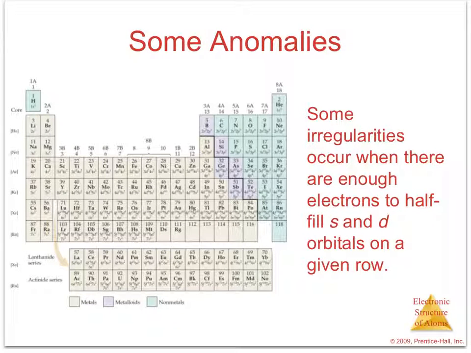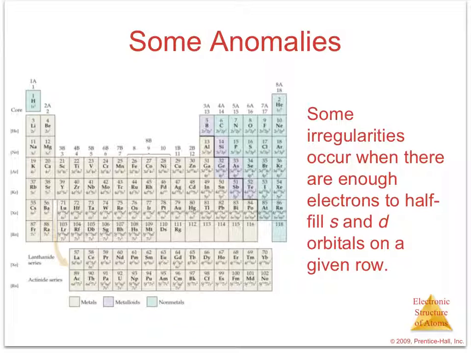There are some irregularities that will occur, and this has to do with energetics, as so much does in chemistry. The best way I can describe this is that there is a degree of stability associated with electron configurations in which they've got half-filled sublevels.